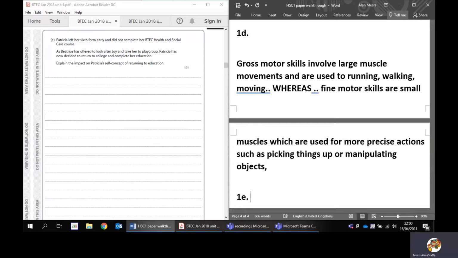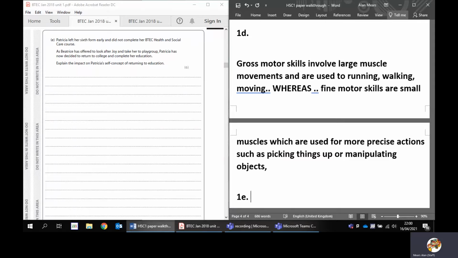It says Patricia left sixth form early and did not complete her BTEC Health and Social Care course. Beatrice has offered to look after Joy and take her to playgroup. Patricia has now decided to return to college and complete her education. Explain the impact on Patricia's self-concept for returning to education.